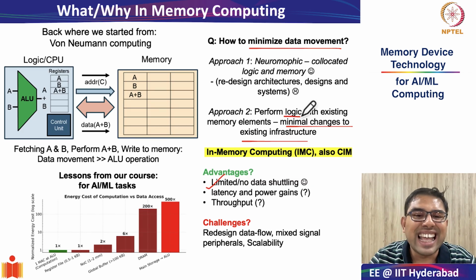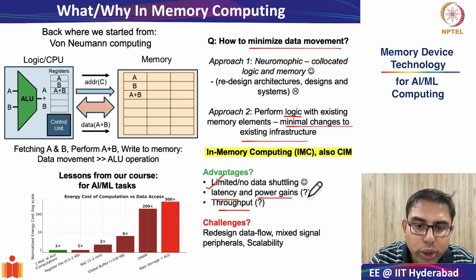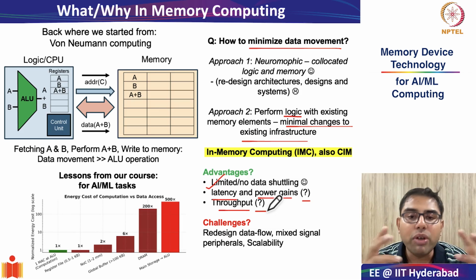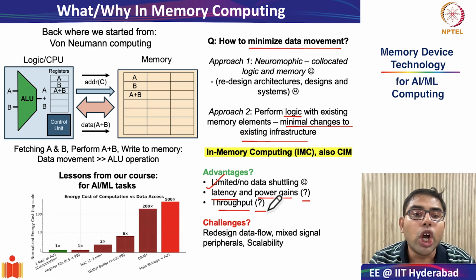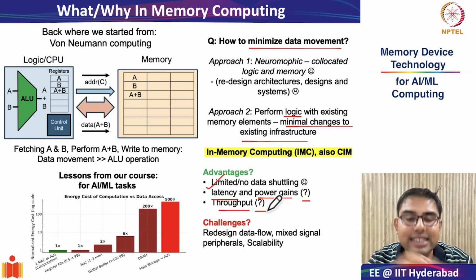And this is supposed to give you latency and power gains and of course higher throughput. But as you can see, I have put some question marks regarding whether they really give us better latency and power gains. And that, we will see, is the real challenge. And we need to do a very intelligent design to actually realize the profits of having minimal data shuttling. So we will discuss that in detail.